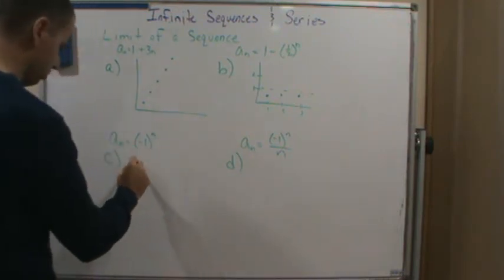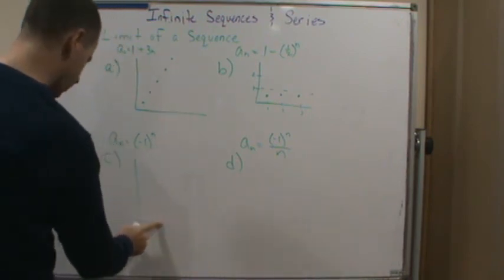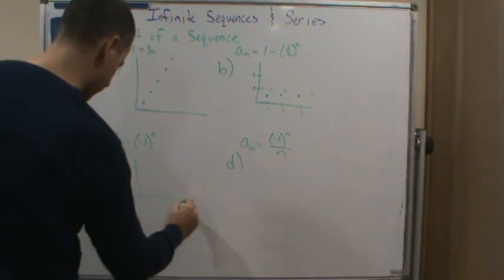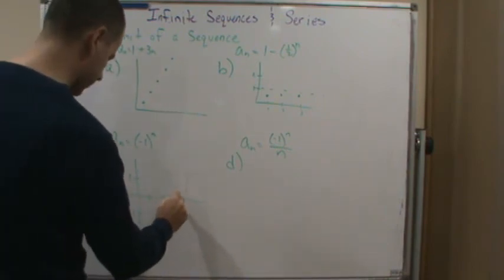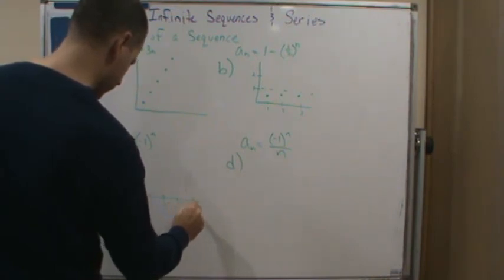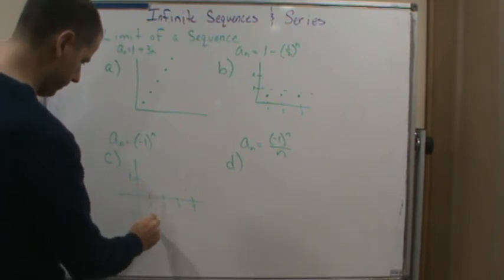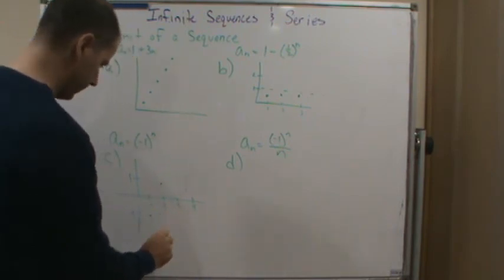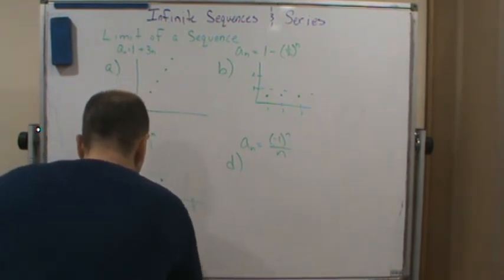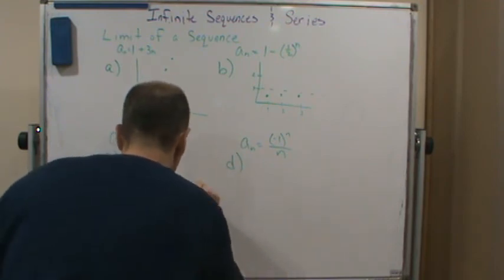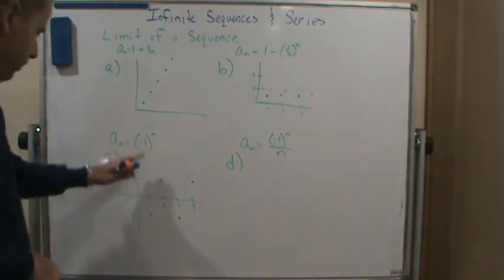And for C, the function is just bouncing back and forth between 1 and -1.